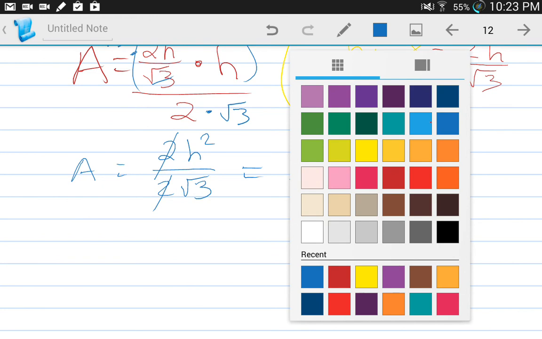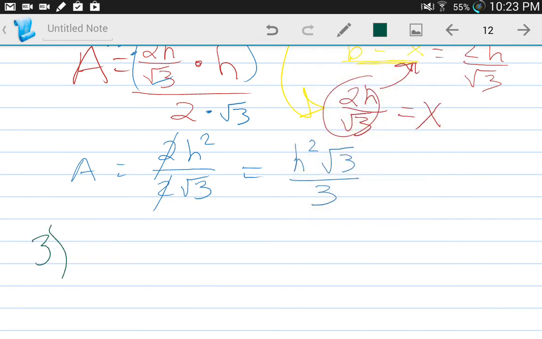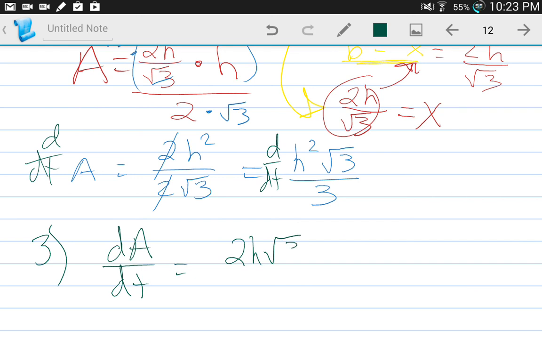Okay, now step 3 was to take the derivative. So d over dt, d over dt. So we get dA over dt equals 2h radical 3 over 3 times dh over dt.